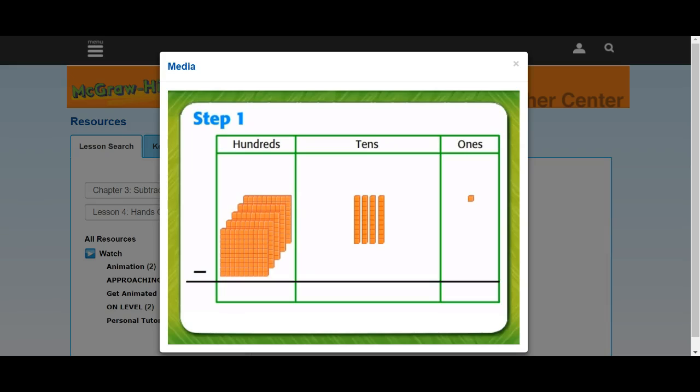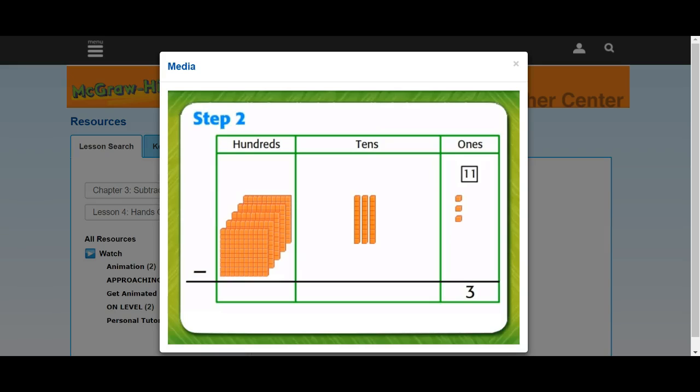No, we cannot subtract 8 from 1. So we need to regroup the tens. Regroup 1 ten into 10 ones. Can we subtract 8 from 11? Yes. 11 minus 8 equals 3.